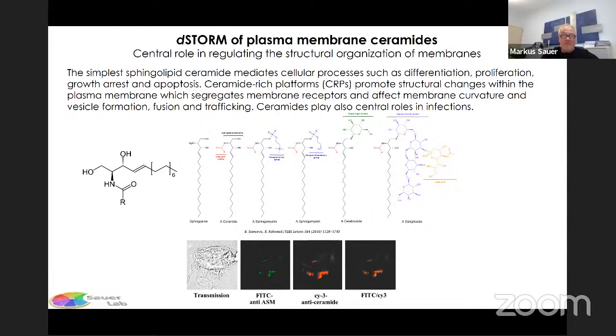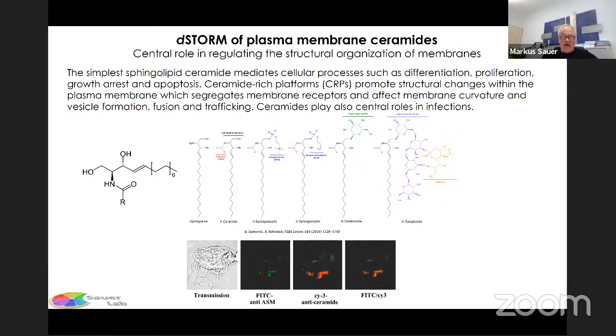Let me now move on to a few examples about lipid imaging using single molecule localization microscopy. Especially ceramides play central roles in regulating the structural organization of membranes. And ceramide is the simplest sphingolipid, as shown here in the middle of this slide. Especially those ceramide-rich platforms, which have been reported in the literature, as for example in the paper shown below, have been made responsible for controlling membrane receptor accumulation, influencing membrane curvature, vesicle formation, fusion and trafficking, and these ceramide-rich platforms should also play a role in infections.